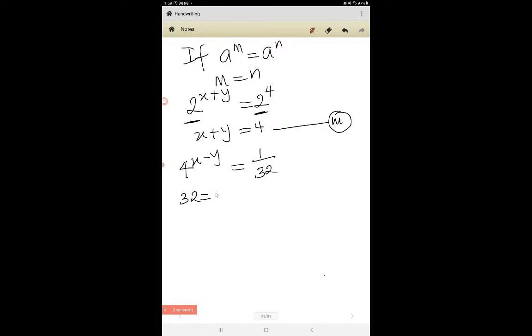That 32 is 2 times 2, 4, times 2, 8, times 2, 16, times 2 is 32.